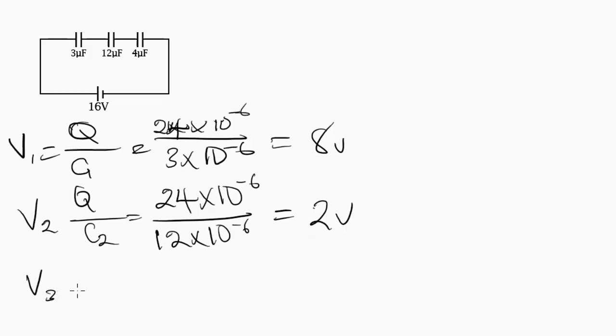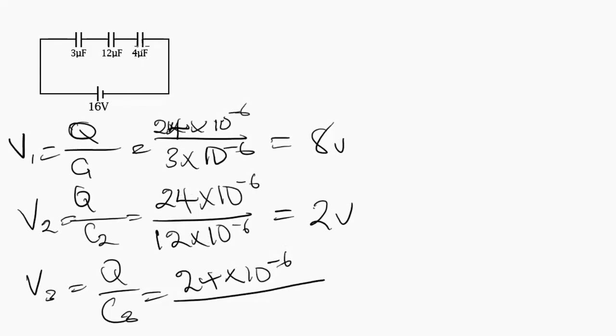Lastly, we have V3 equal to Q over C3. That's 24 times 10 to the power of minus 6 over the capacitance here, which is 4 times 10 to the power of minus 6. If we calculate this, we should have 6 volts.